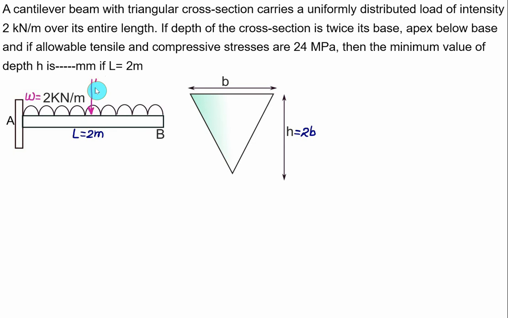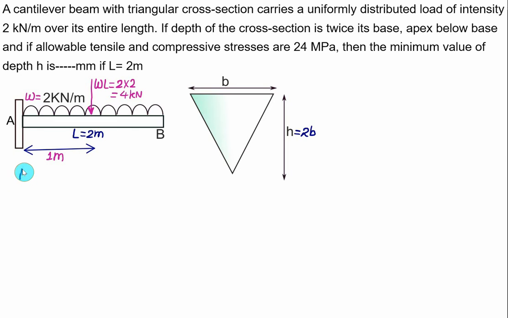So this load is W into L, 2 multiplied by 2, which is equal to 4 kilonewton. And this point load will act at L by 2, which is 2 by 2, equal to 1 meter.